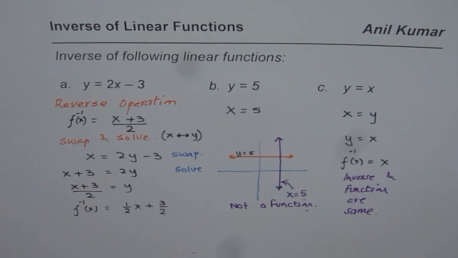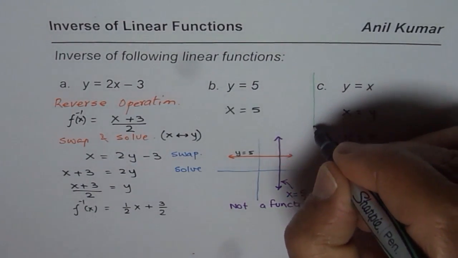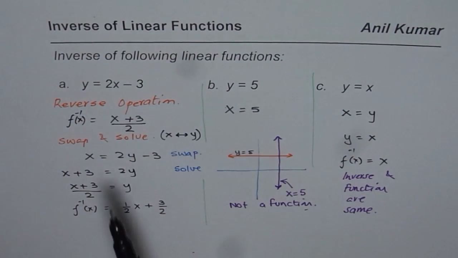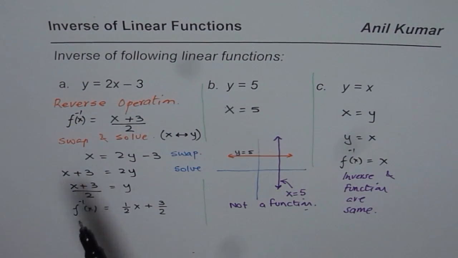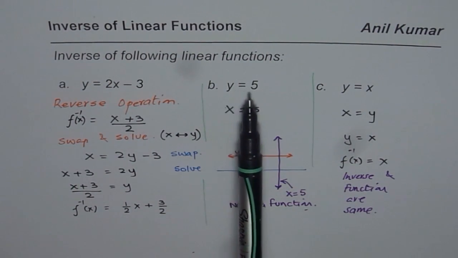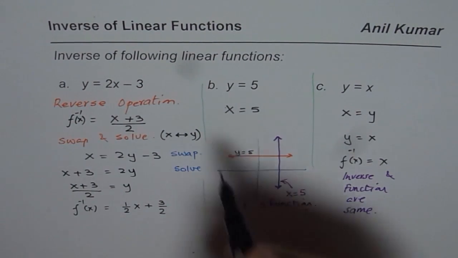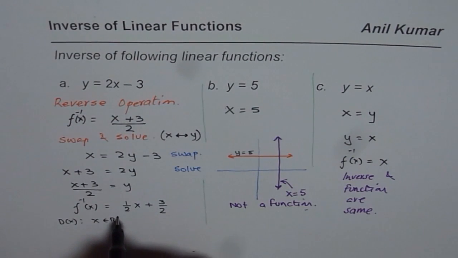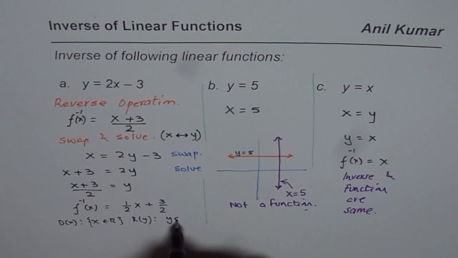I hope with this we have covered three scenarios for linear functions and their inverse. In the first one, what we notice is that a straight line has an inverse which is a function, and in this particular case the domain and range are all real numbers. In this case, x belongs to real numbers and the range is y belongs to real numbers.